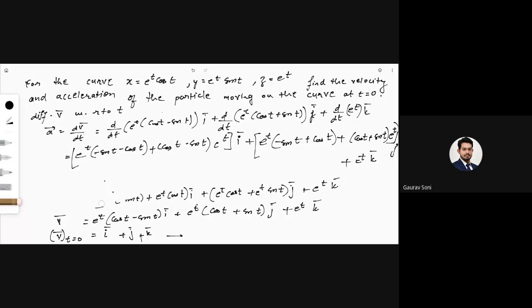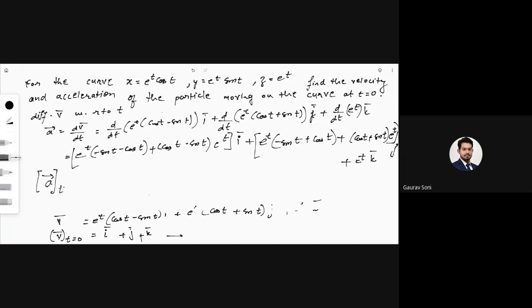We need acceleration at t is equal to 0. So let's put the value t is equal to 0. So acceleration at t is equal to 0. In the first bracket, e raised to 0, sin 0, so what we have is minus 1. This is cos t minus sin t, that will be plus 1. i, plus in the other bracket, sin 0 is 0, e to the power 0 is 1.